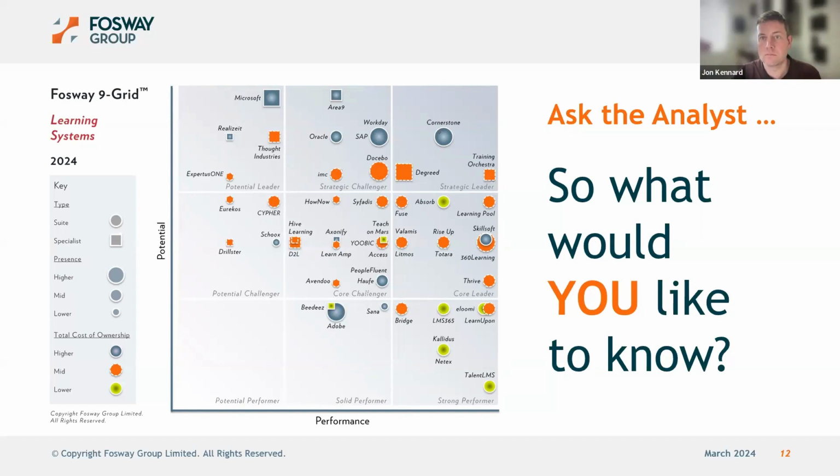David, anything to add? No, we're clearly seeing AI as a major component of the story, particularly automatically tagging content against skills, and there are so many things that are going to go on there.